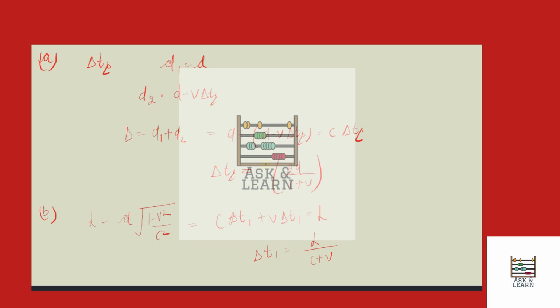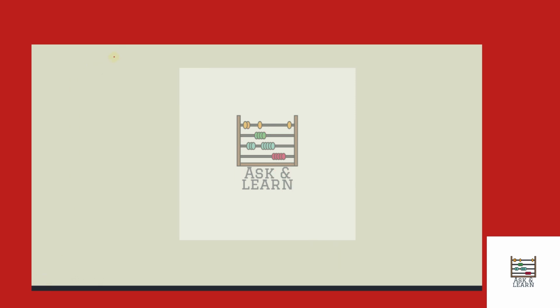When the light strikes the mirror, it is a distance L', where L' is equal to L minus vΔt1, from the spacecraft. The light must travel back through this same distance to return to the spacecraft, which is cΔt2 equal to L minus vΔt1, which gives Δt2 equal to L upon c minus v upon c Δt1.